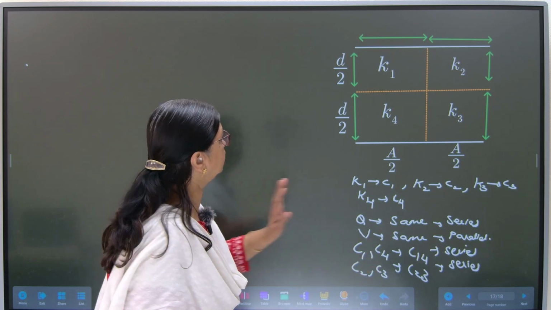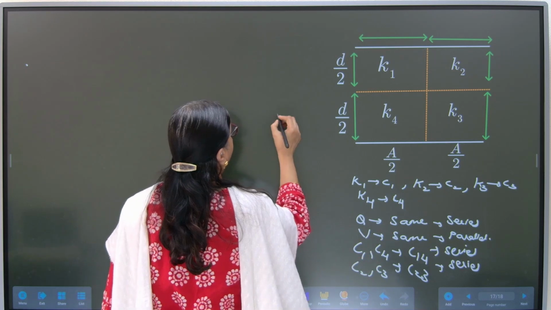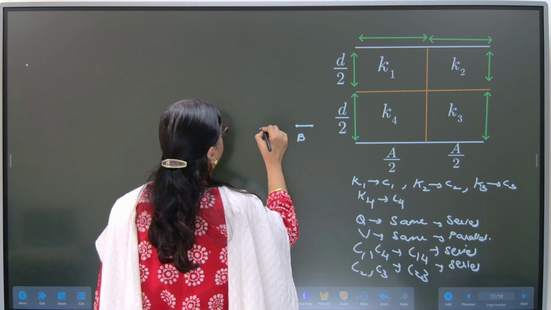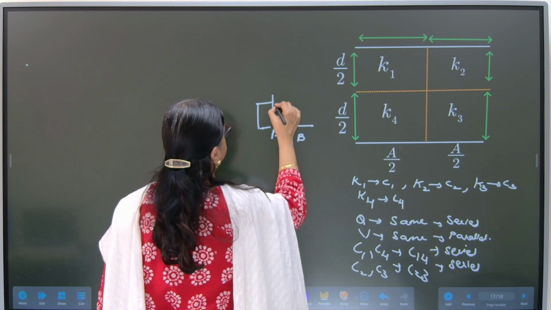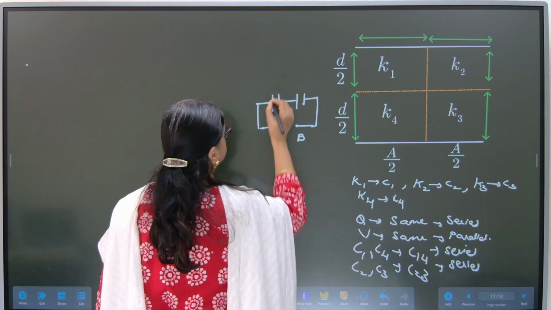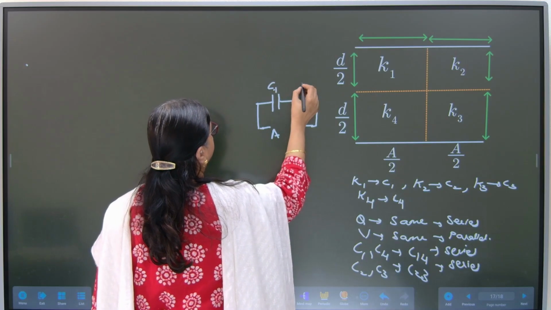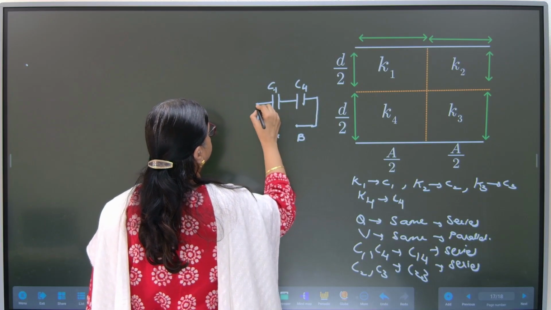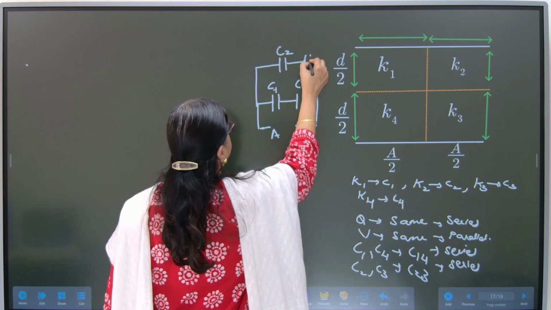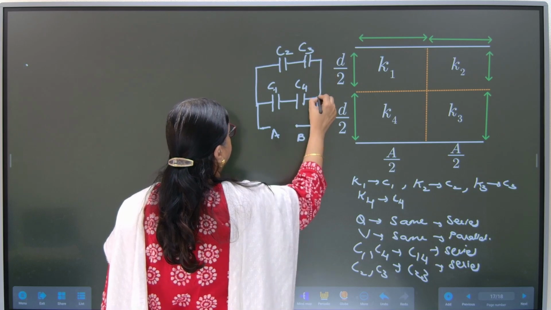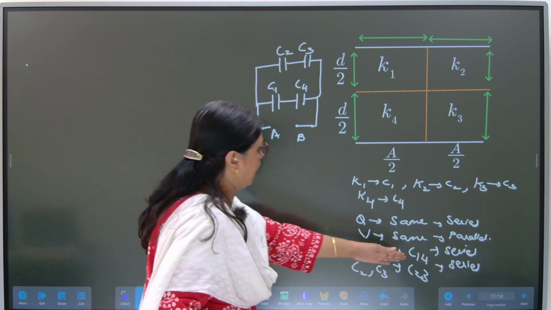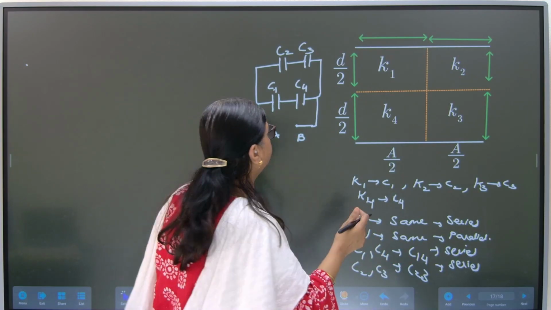Fine. So taking this information, let us draw a rough circuit for what we have done just now. As you can see, this can be written as C1, C4 in series, C2, C3 also in series, then combination C14 and C23 as written here are in parallel to each other.